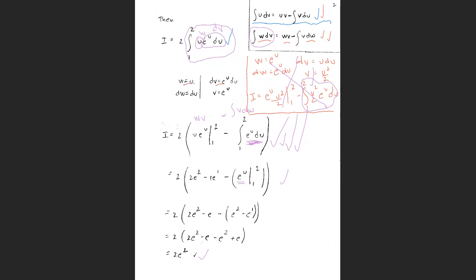And that's the exact value for that definite integral. Are there any questions?